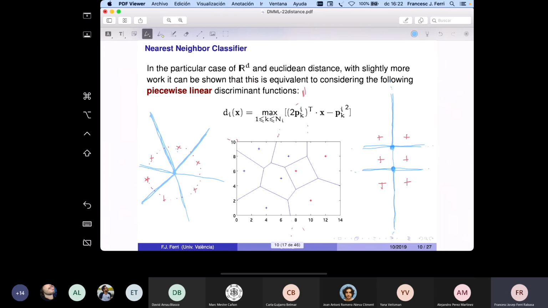What's the dimension of the Voronoi diagram? What's the dimension of this blue region here, or this blue region here, or this blue region here?